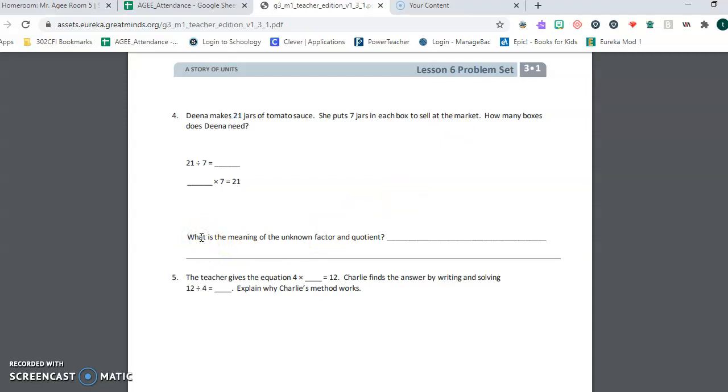And then when it asks you what is the meaning of the unknown factor and quotient, okay, they look like different things, right? It's like they're trying to get you to explain two different things. They're the same thing. I just now talked about what those things stand for.